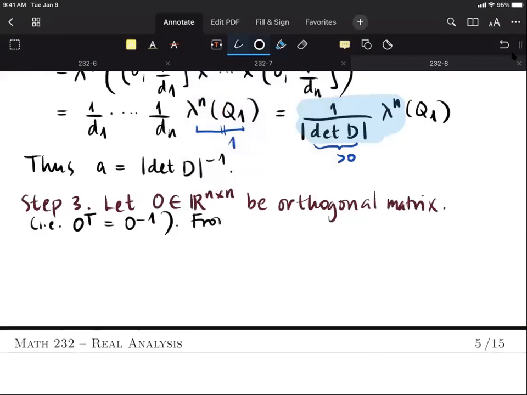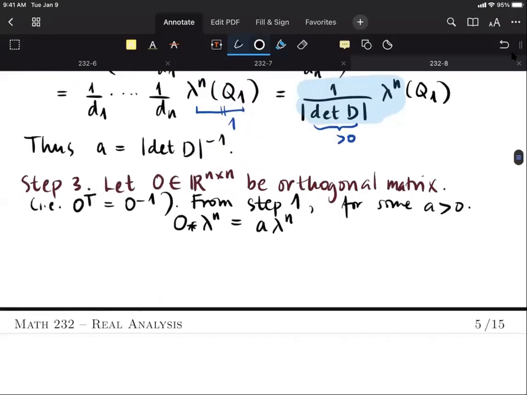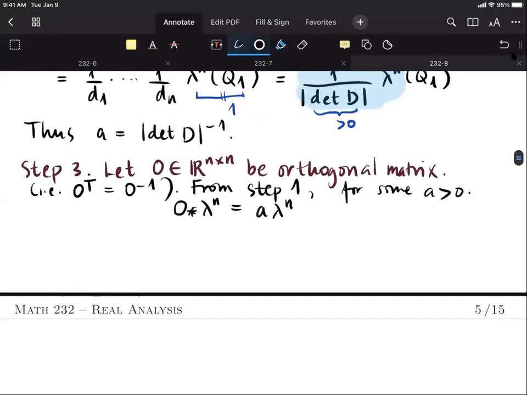Again, from step 1, we know that this image measure corresponding to this orthogonal matrix is A lambda n, again for some A greater than or equal to 0. So we would like to determine, again, the constant A.